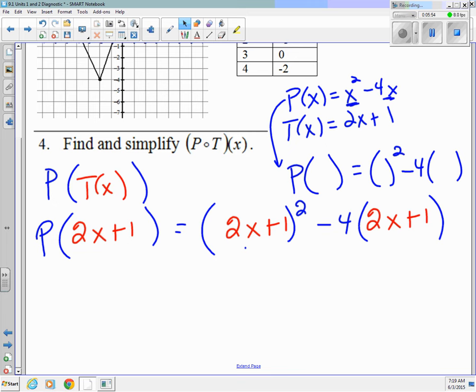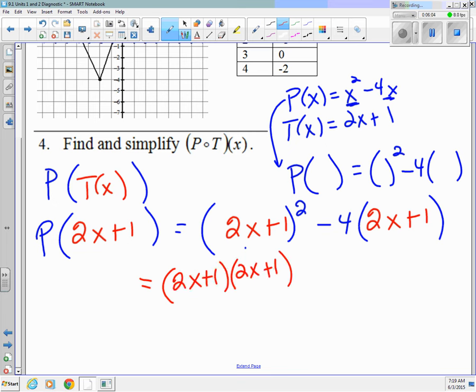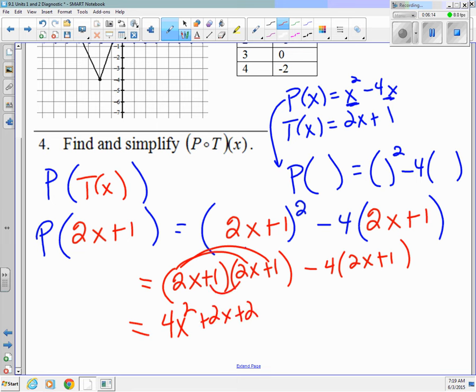So now I would need to expand this out. So 2x plus 1 squared, please don't do 4x squared plus 1. This is a binomial times a binomial. It needs to be distributed. Minus 4 times 2x plus 1. So I get 4x squared plus 2x plus 2x plus 1 minus 8x minus 4.